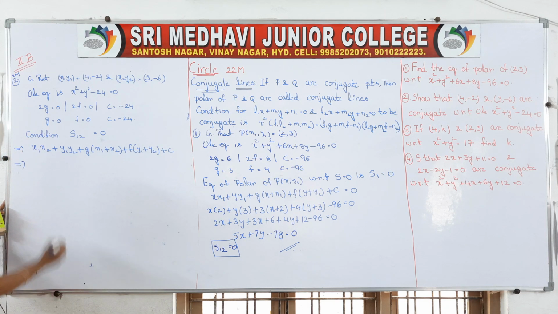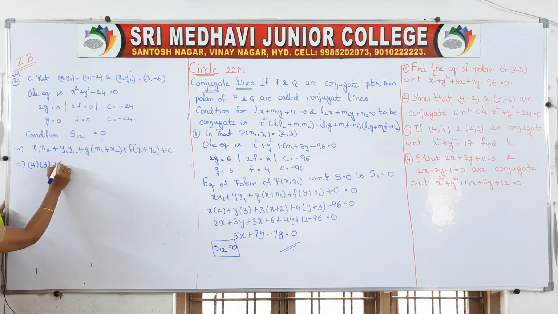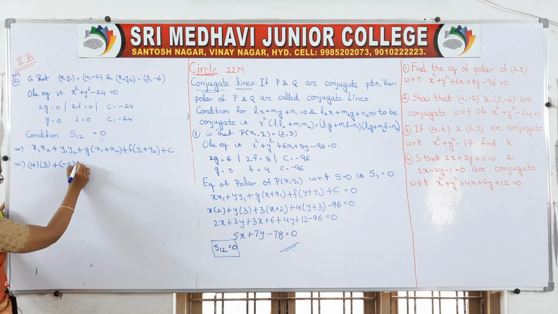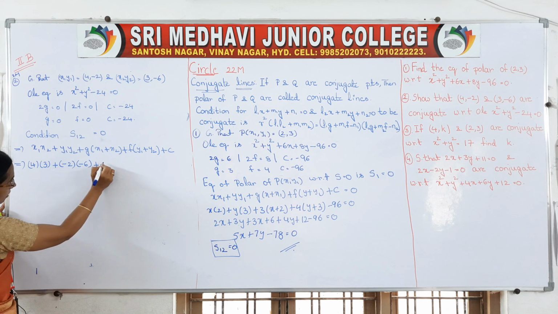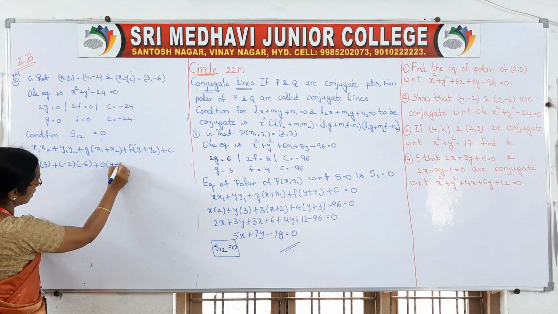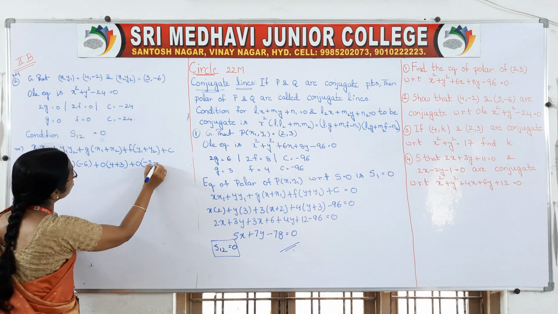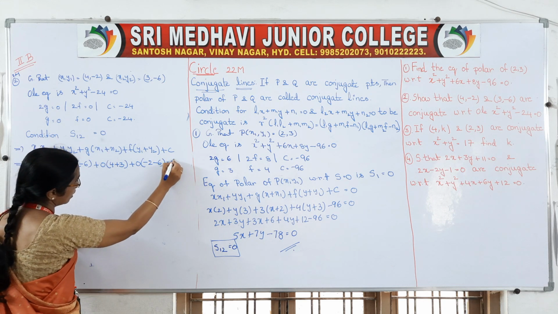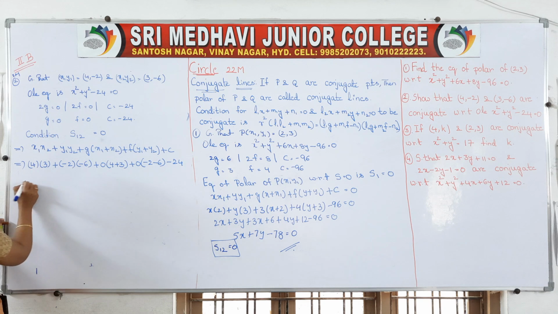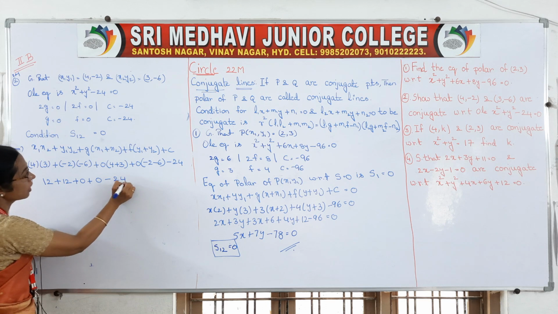You know all your points. 4 into 3, y1 is minus 2 and y2 is minus 6, plus 0 into 4 plus 3, plus 0 into minus 2 minus 6, and c is minus 24. 4 threes are 12, minus into minus is plus 12, 0 into something is 0, 0 into anything is 0, minus 24.